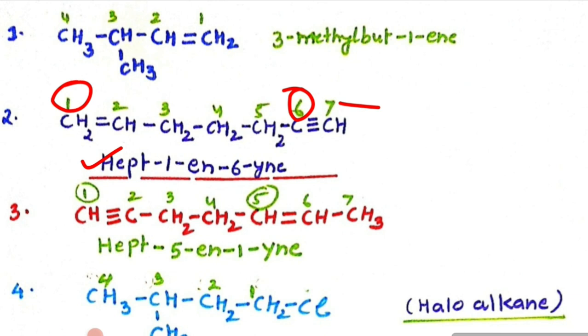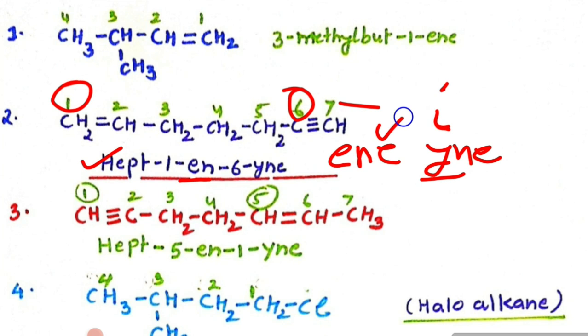Here you have to remember that there are two suffixes, "-ene" as well as "-yne", Y-N-E. Here this Y is pronounced as I, and since two vowels should not be written together, this E should be omitted while writing the suffix Y-N-E.